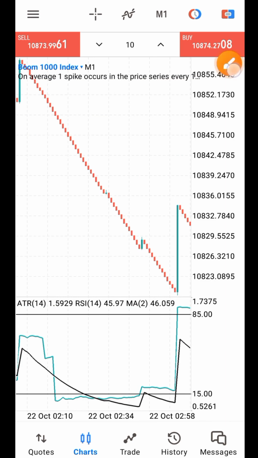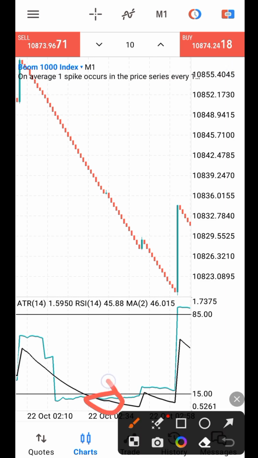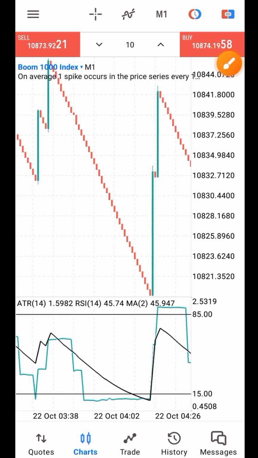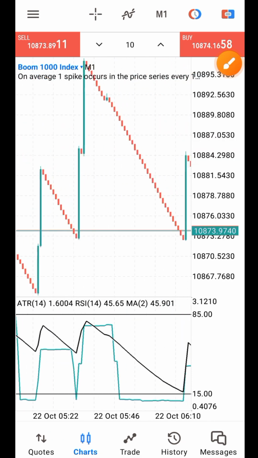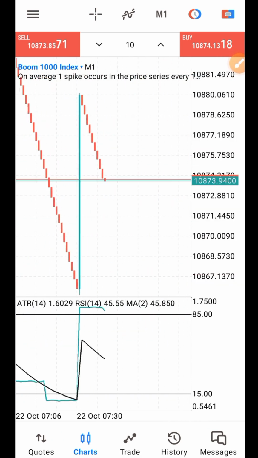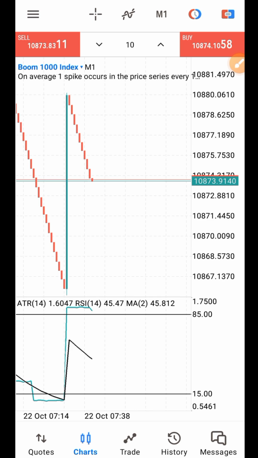It happens here too, it crosses and the market keeps selling. So if you want to catch the spike, once the black is approaching the green, you put on a buy, but make sure it's below level 15.